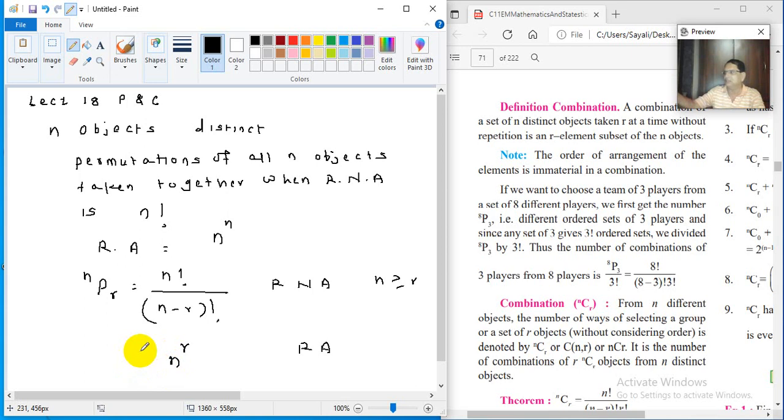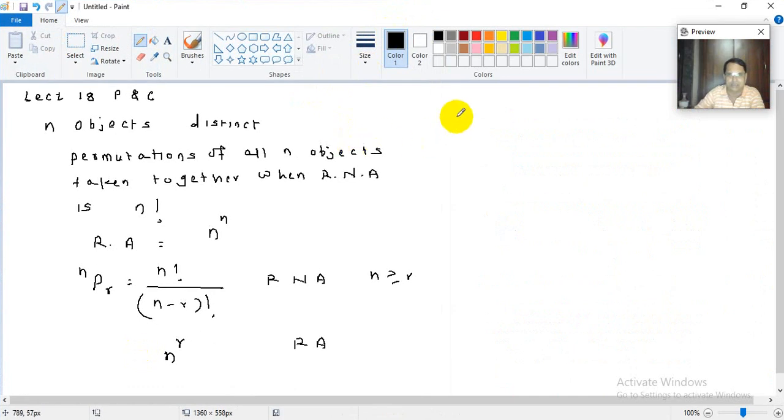Another thing is this, when you are talking about circular permutations, or when there are n objects but they are not all distinct. So I will enlarge this so that you can understand. All the n objects here we are considering distinct, but there can be a situation where objects are not distinct.